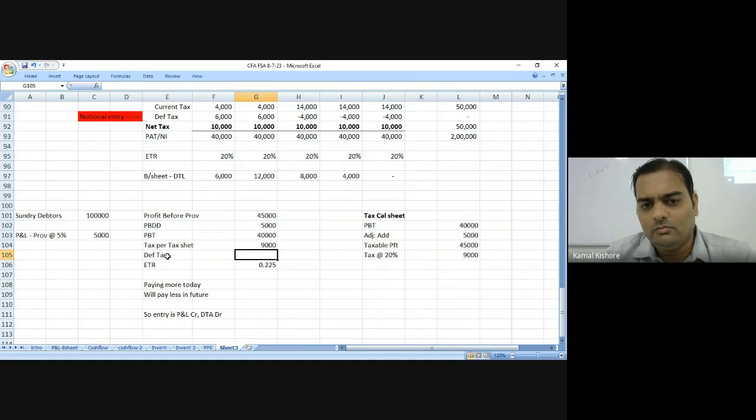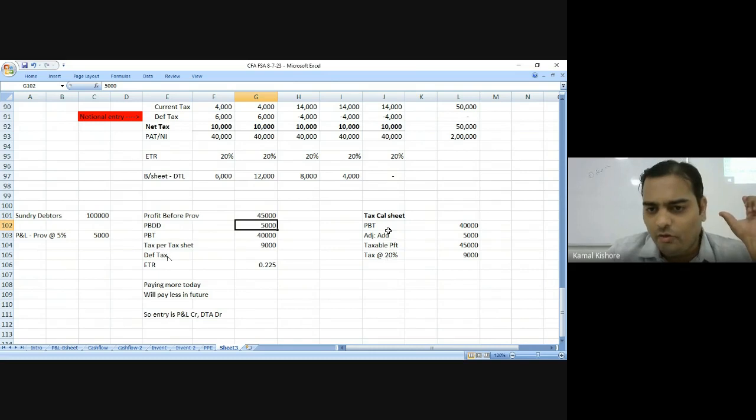First case, 8,000. Now we provided the provision, the net profit would be lower. The difference is how much? 5,000. You have to see which item is causing the difference. This item is causing the difference. What is the amount? 5,000.